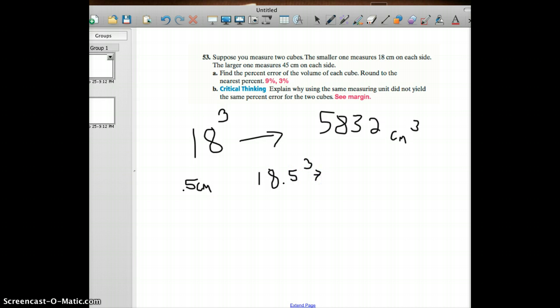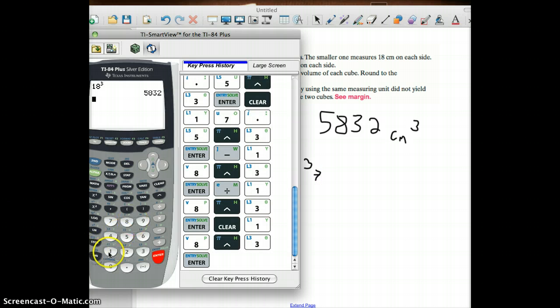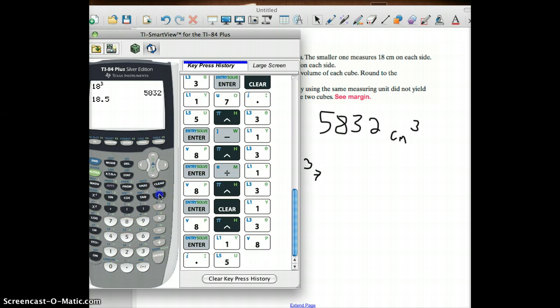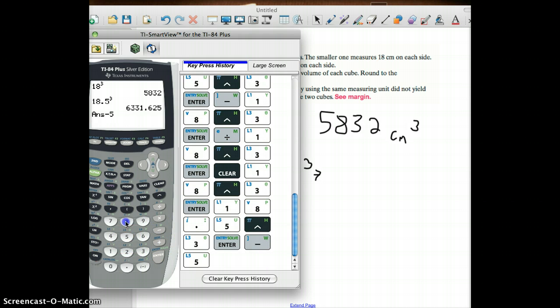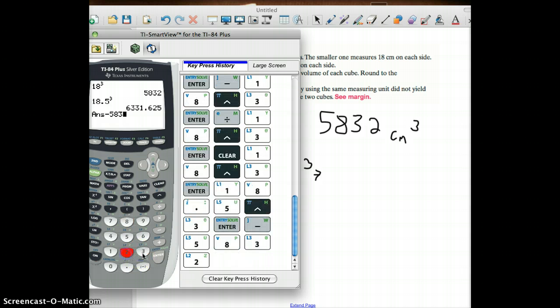When we do that, we get 18.5 to the third power. We get 6,331.625. If we subtract from that the original 5832, we're left with 499.625.